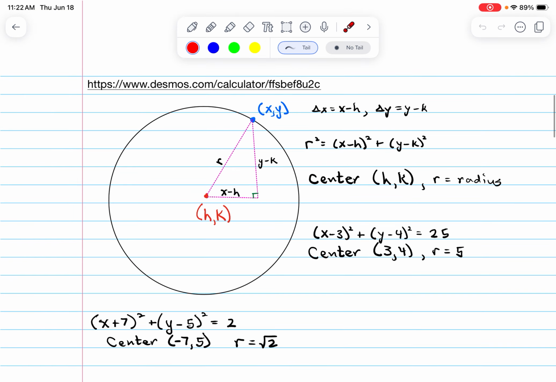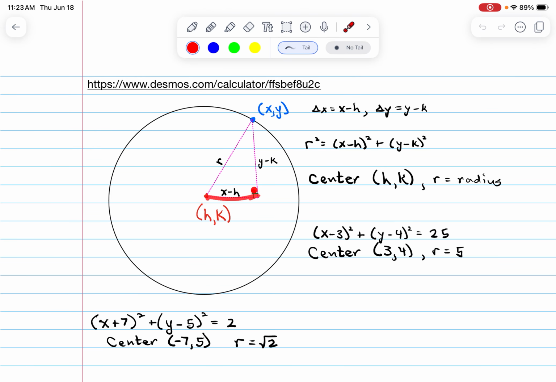So, for example, let's suppose that we have this circle, okay? This is just a representation of the Pythagorean theorem. And you can immediately see what the center is because normally we have a circle centered at the origin. Well, this one's not. It's been scooted over 3 units. So you could think of this as a shift.